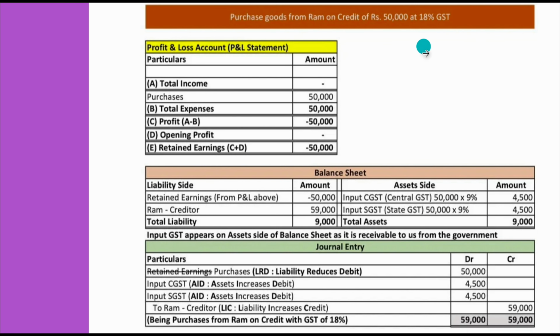This 18% is split into two parts, 9% for input CGST, which is central GST, and SGST, which is state GST. So total liability is 9,000 and total assets is also 9,000 and our balance sheet tallies. Input GST appears on the asset side of the balance sheet as it is receivable to the company from the government.